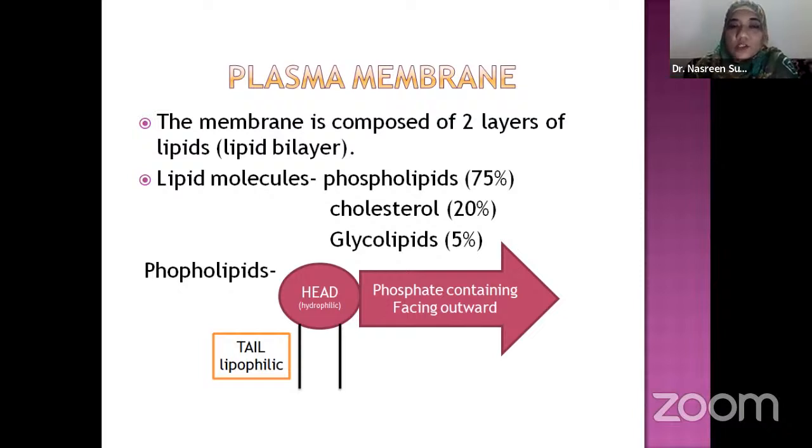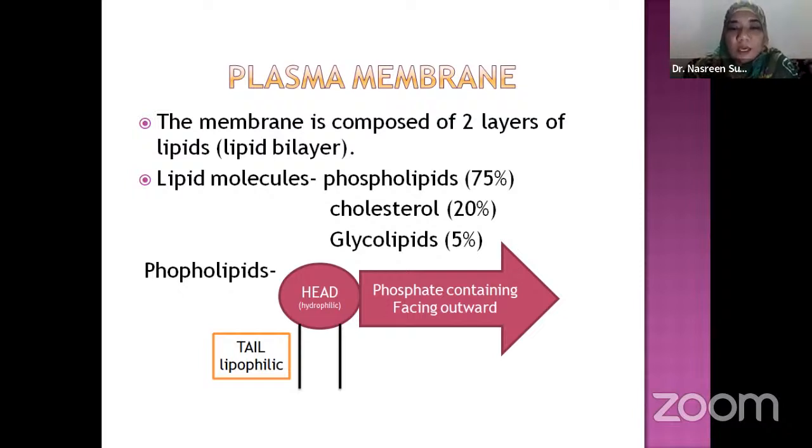Just imagine a matchstick. Everyone has seen a matchbox, right? How will a matchstick be? There will be one tail and one round head. The black one is the head, and the lower one is the tail. The same way, the phospholipids have a head and two tails.